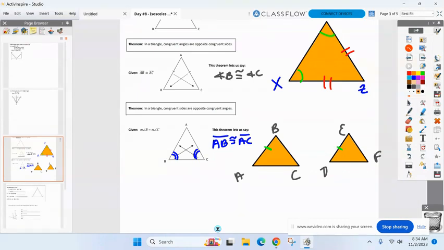Does that mean the two angles across from them are equal? No, it does not. That's not how this works. Your two congruent sides have to be in the same triangle. It doesn't work if the two sides are in different triangles. The two congruent sides or angles have to be in the same triangle. See how this works?